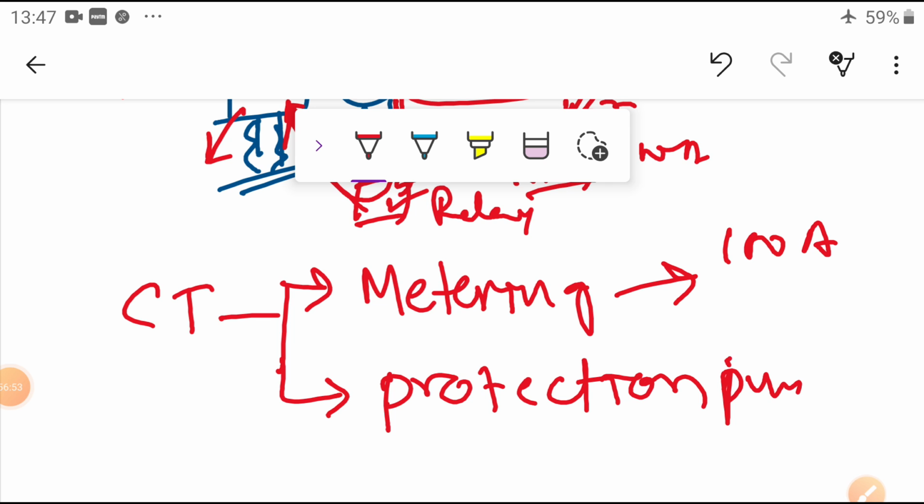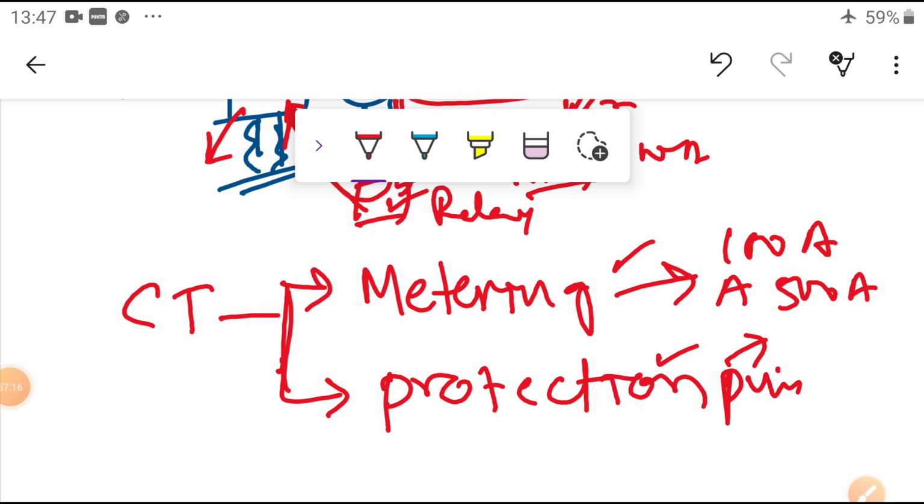At the same time, for protection, when a fault occurs, the current is nearly 500 amperes, which is indicated by the ammeter. So once 500 amperes flows, the breaker will trip instantaneously. So the same CT can be used for the metering purpose and the protection purpose.